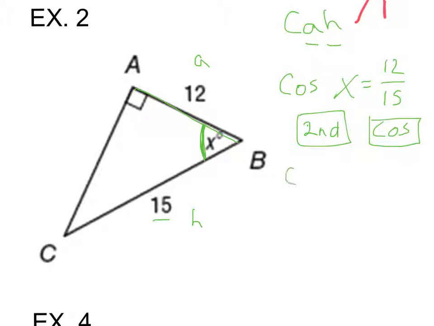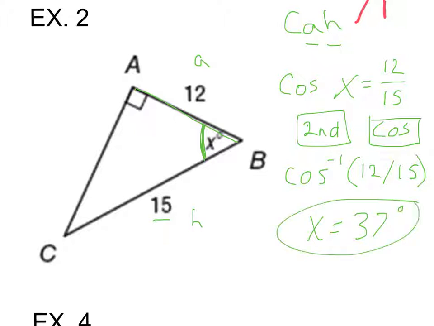So your calculator is going to look like this. Now what do we put in there? We put 12 divided by 15. And when you put that into your calculator, we're going to round to the nearest degree. X equals 37 degrees. And that's your answer.